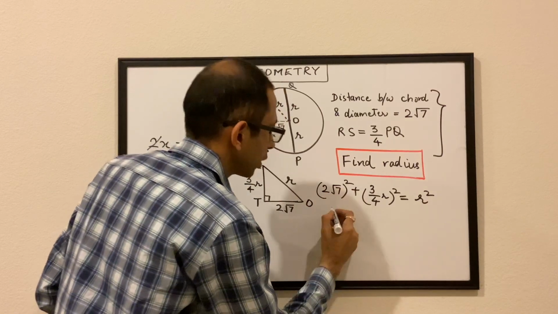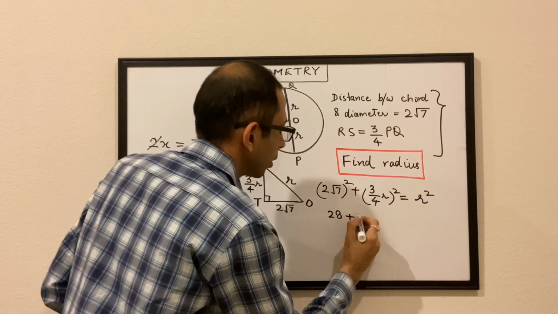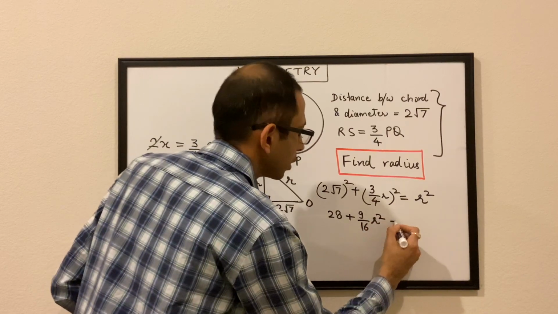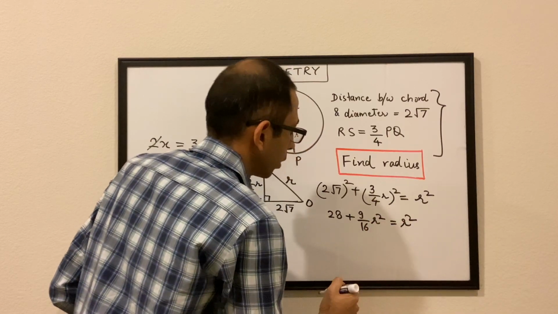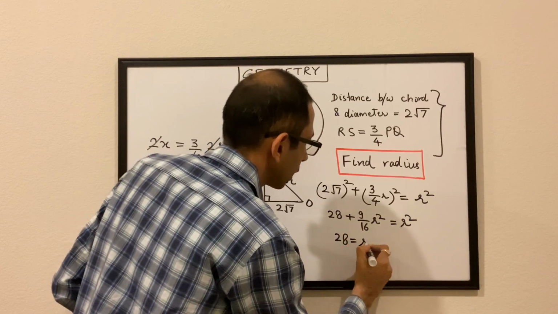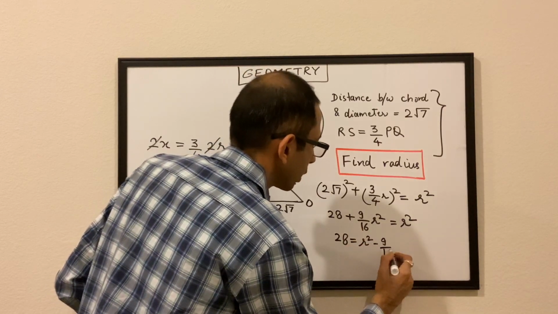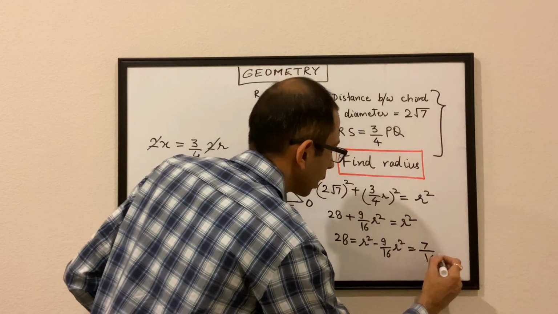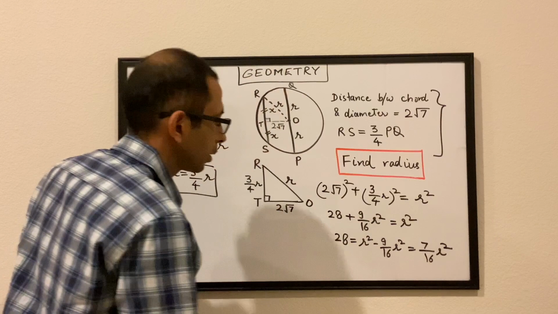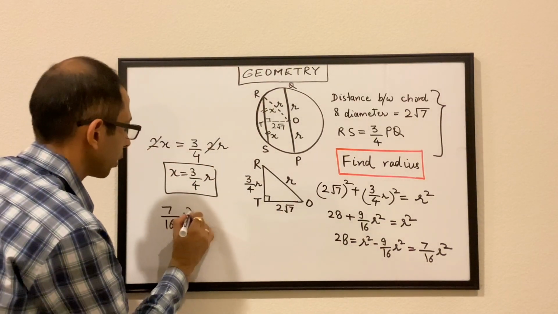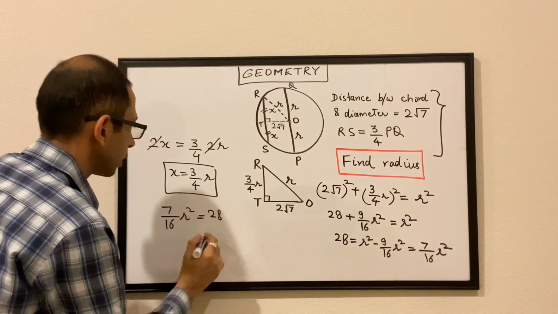This is 4 times 7, so it's 28 plus 9/16 r squared is equal to r squared. We get this to the other side, so we get r squared minus 9/16 r squared, which is nothing but 7/16 r squared. So essentially we got 7/16 r squared is equal to 28.